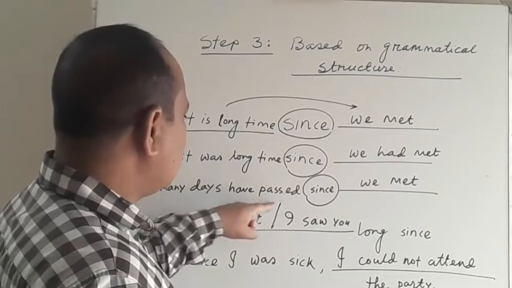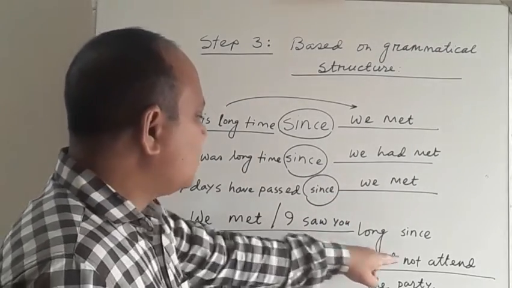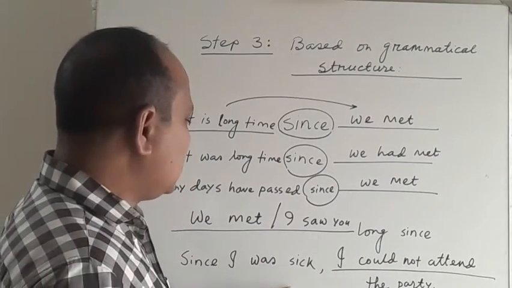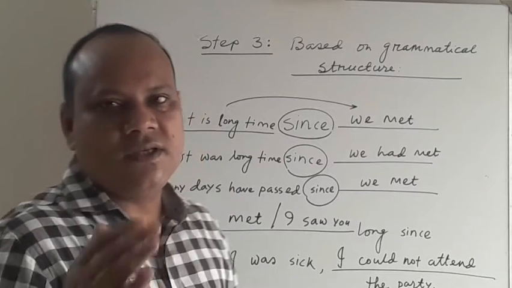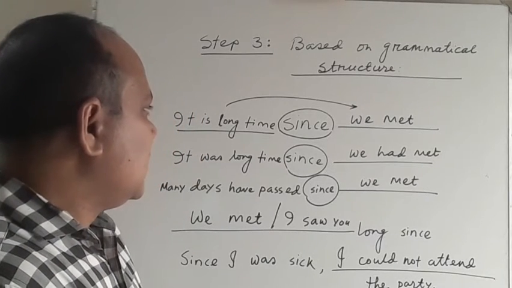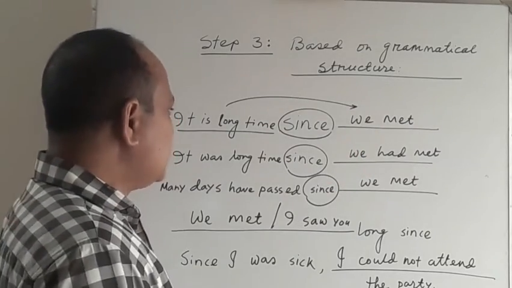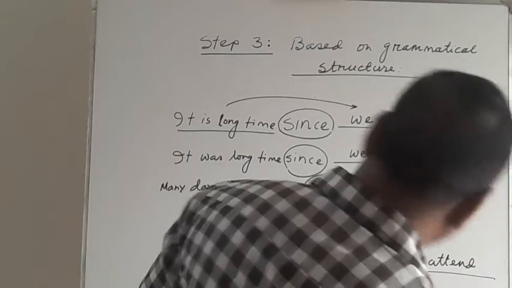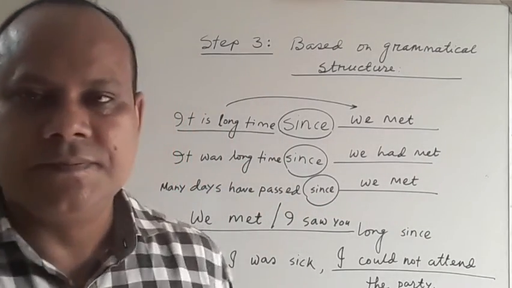Many days have passed since we met. We met, or I saw you long since. Since I was sick, I could not attend the party. My dear students, in this way, we can complete the incomplete sentence using this type of sentences after since, following the tense of the first portion.